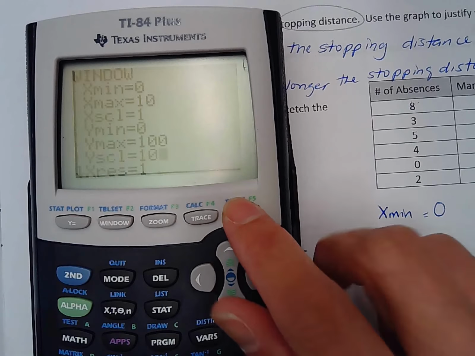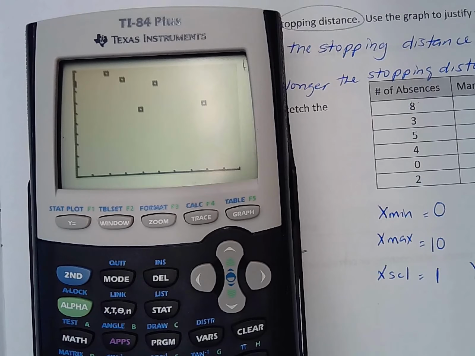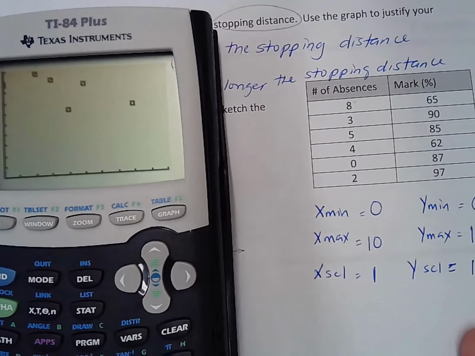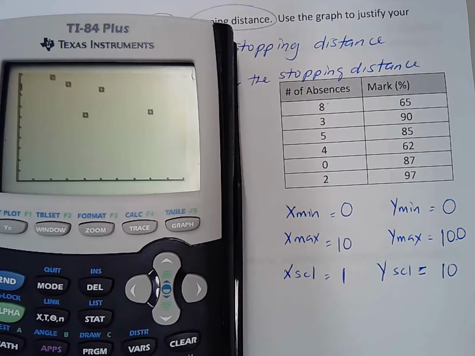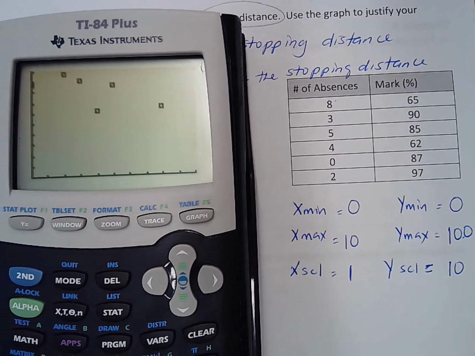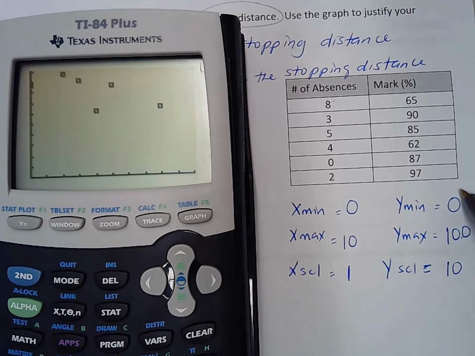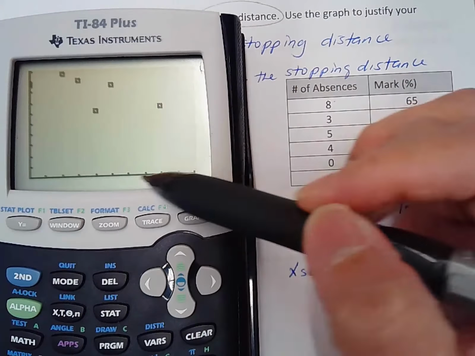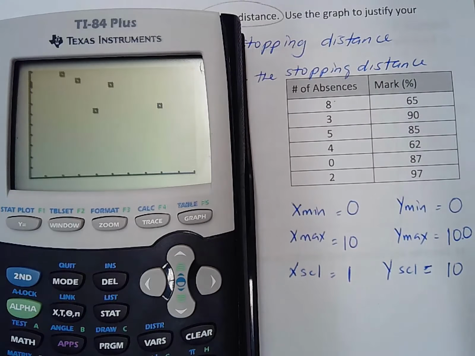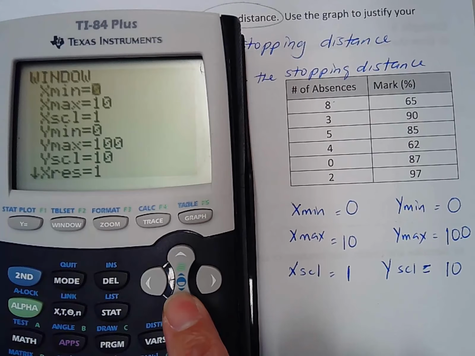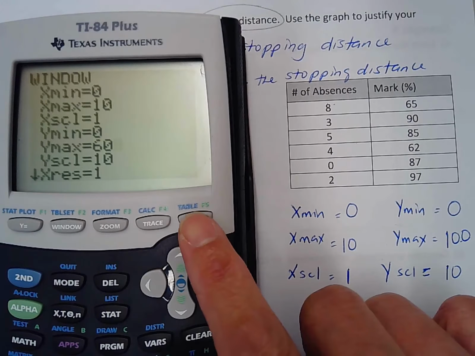And then when you press graph, nope. Now we chose Y min as 0 so that we could clearly see where the x-axis is. We can choose Y min to be 60, and this is what it would look like.